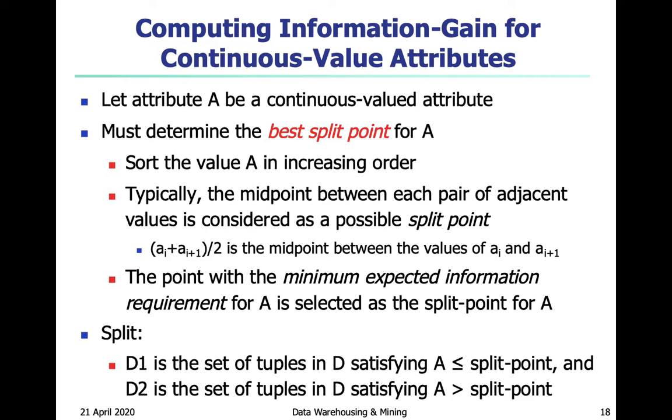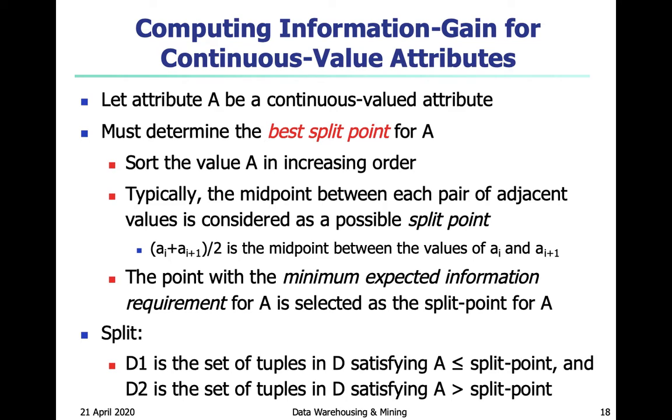Okay, so we first sort the values of A in increasing order. The midpoint between each pair of adjacent values is considered as a possible split point. So if there are v values of A, there will be v minus 1 possible splits to evaluate. Fine.